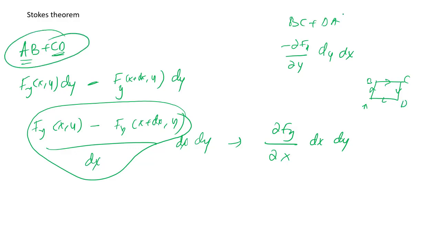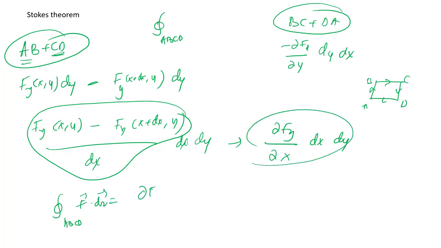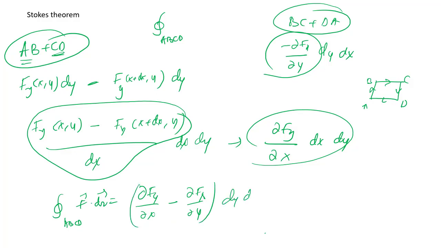We're trying to see the path integral going around the loop ABCD. So then if I want the total integral around ABCD of f dot dr, what I'm going to get is this term dou fy by dou x minus this term dou fx by dou y, dy dx, right?